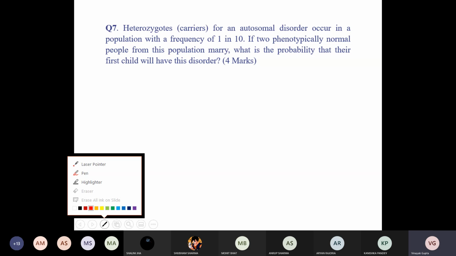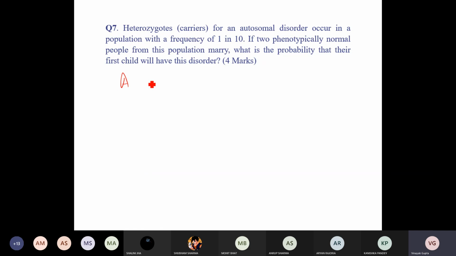But they are carriers, they are not the diseased ones. So if two phenotypically normal people from this population marry, what is the probability that their first child will have this disorder? Here also the situation will be the same.